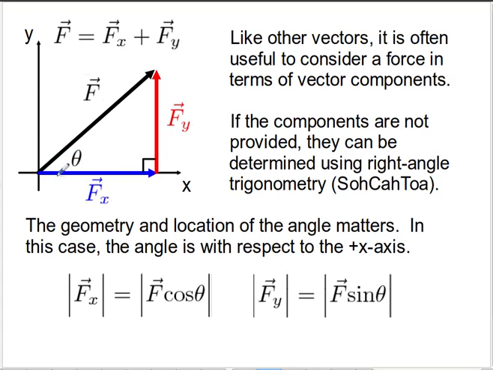This is the exact same sort of thing I did when I was breaking a vector into its components or breaking a vector into the basis vectors. As you can see, this blue vector is along the positive x direction. That's in the same direction as the i vector. And then here we have a component that's in the same direction as the j vector. So you need to continue to think about the force vectors in this way. You can break them up this way.